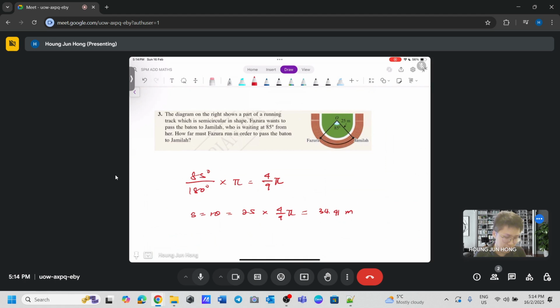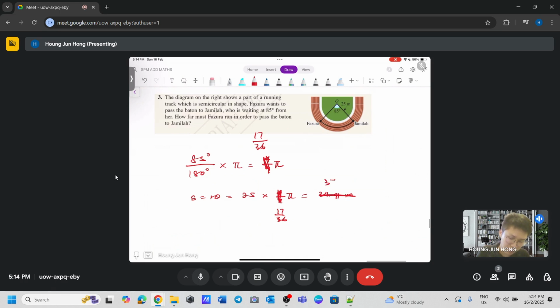Is 85 over 180 correct? Oops, I think I keyed in something wrongly. It shouldn't be 4 over 9, it should be 17 over 36. So this is supposed to be 37.1 meters. Okay, my bad.